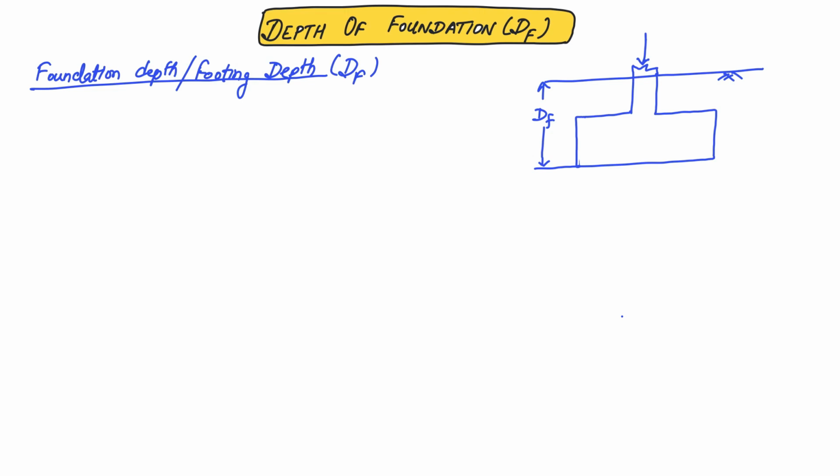In any case, this depth of foundation should be greater than or equal to the overburden soil. Now, what is overburden soil? That is the soil that was present above the base level of the foundation, and it is required as a requisite of the allowable bearing capacity.